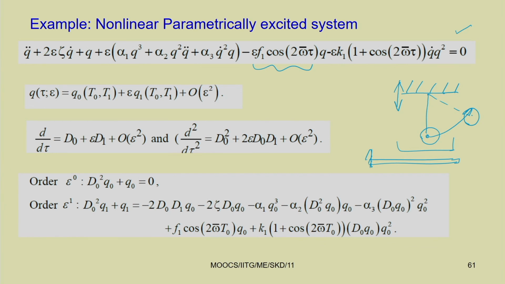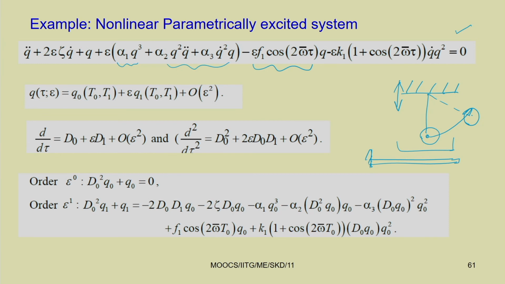Here clearly you can observe the nonlinear terms in this equation. This is alpha 1 q cube, a geometric nonlinear term, and these two terms you can clearly see. Here q square into q double dot is acceleration multiplied by displacement square.